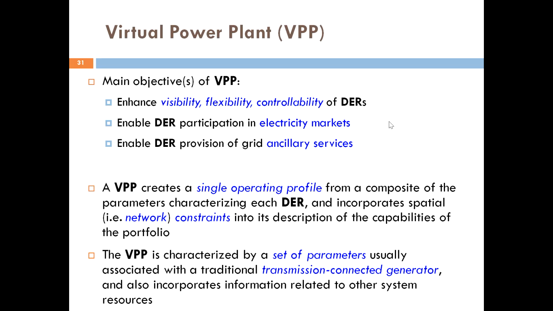Obviously, there are some technical limitations to this, but really the idea is that we end up with a system that can be characterized by a set of parameters that are usually associated with a transmission connected generation, and this would then enable the efficient integration of DERs into the electric grid.